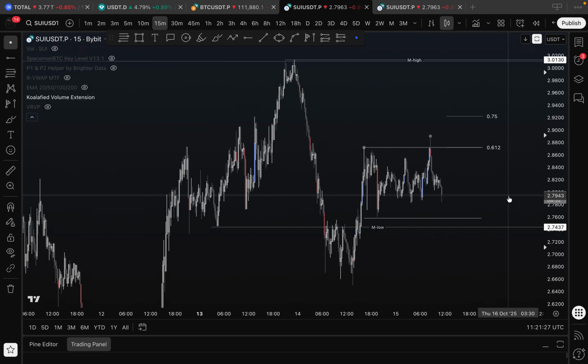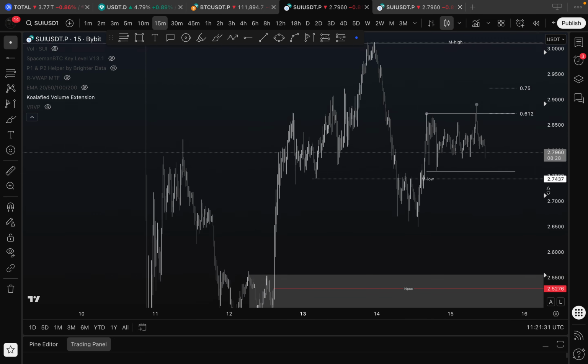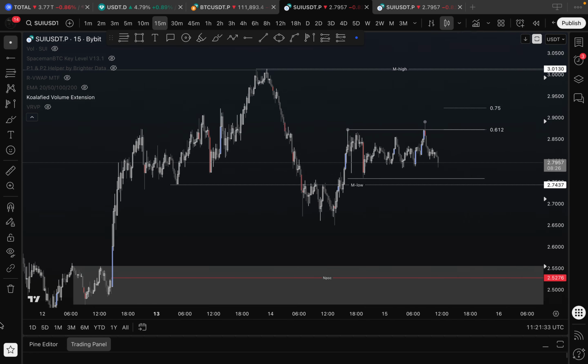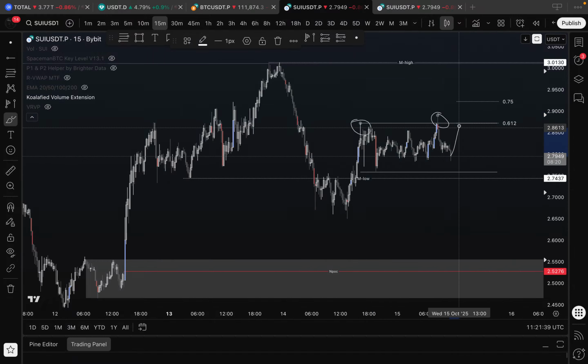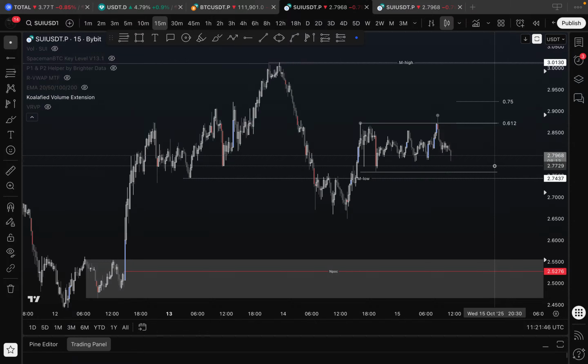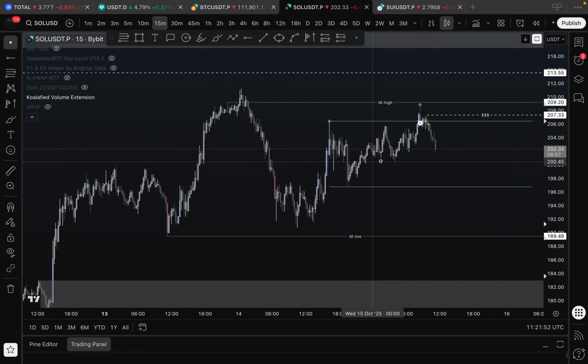And on SUI, yeah, basically we had the same, but yeah, Solana is looking much better because it has a much better return to zone. But also here we have local range with 1, 2, so potential move into the range high and then a short. But yeah, I would rather take Solana because it looks much cleaner. So yeah, definitely interesting price action.